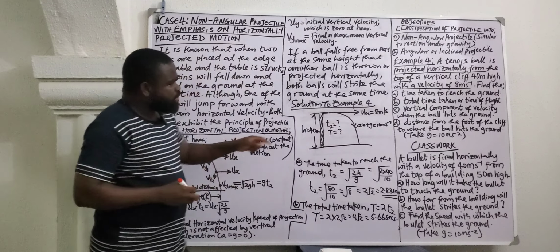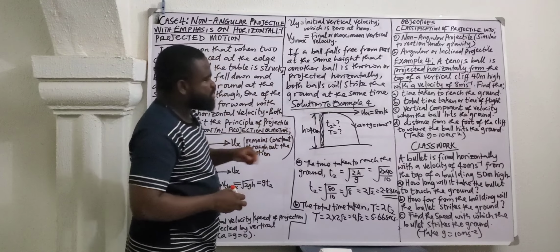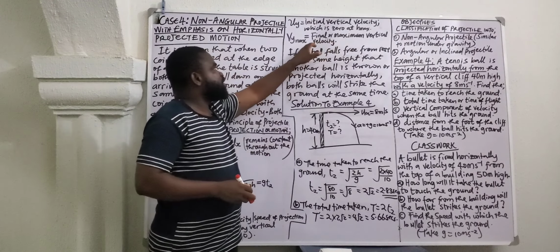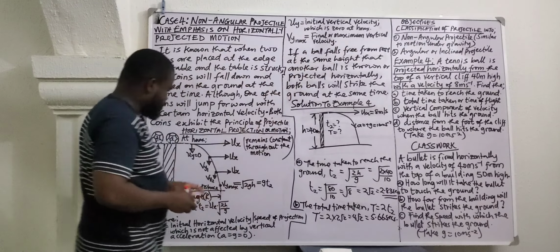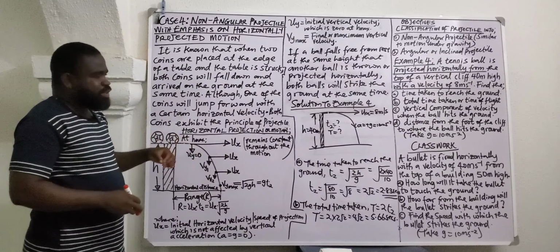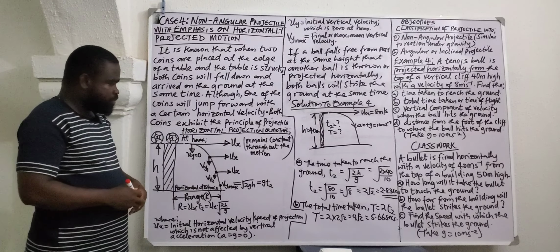Then they say find the vertical component of velocity when the ball hits the ground. Now, the vertical component of the velocity, that is the final maximum vertical velocity, the velocity of the body before it hits the ground, which is maximum.